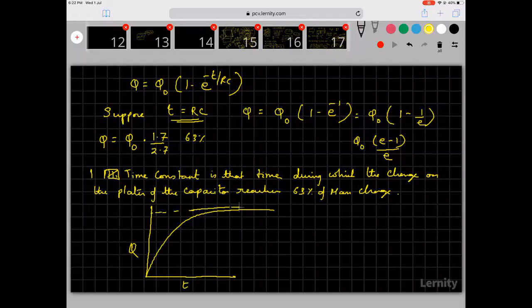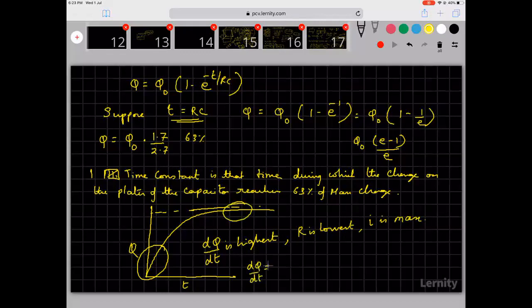Then understand that here dq by dt is highest. That means resistance is lowest. That means current is max. While here dq by dt is almost 0. That means I is equal to 0. That means R is infinity. Do you understand that a capacitor offers variable resistance?